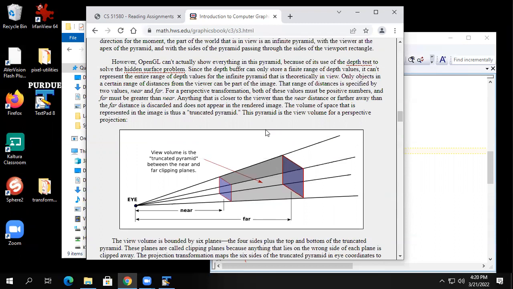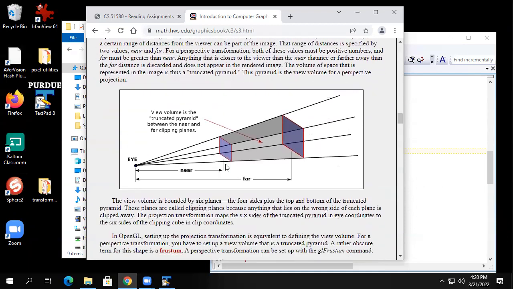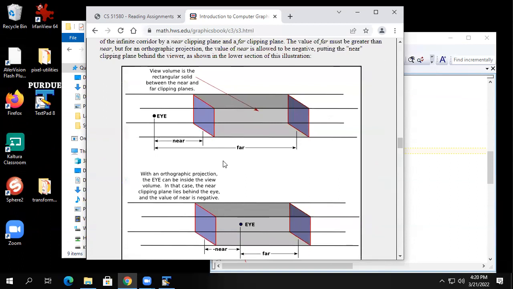You don't get depth perception this way. The disadvantage of parallel projection is you lose depth perception. But it's used all the time for mechanical drawing because it actually preserves distances. So like if you take a picture of a building, there's a row of windows.